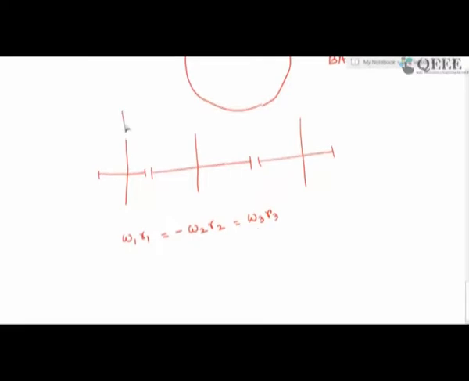Let's say this is the input and that is the output. What we see is that the input-output ratio omega 1 by omega 3 is r3 by r1, so it actually does not depend upon r2.